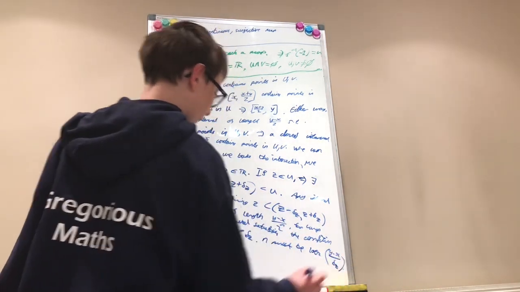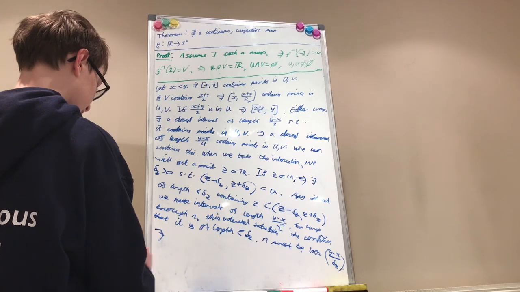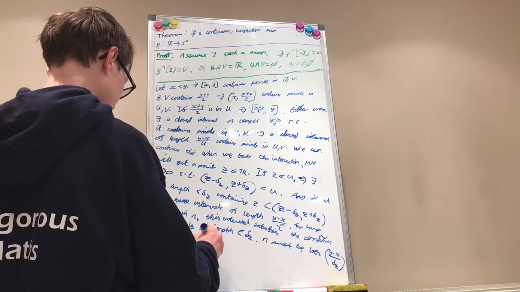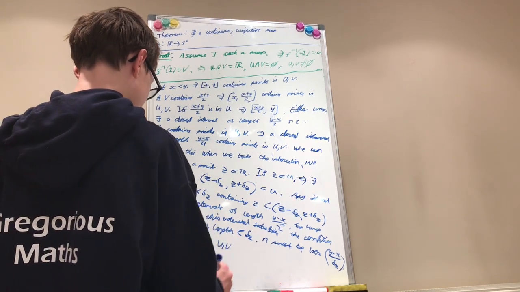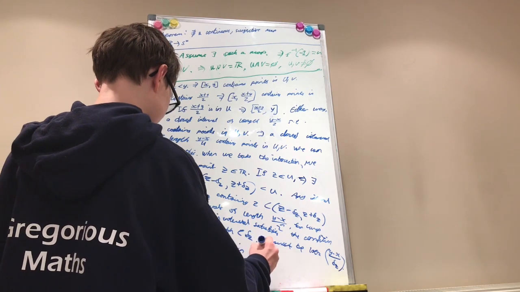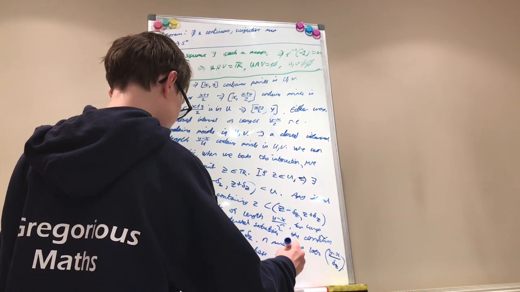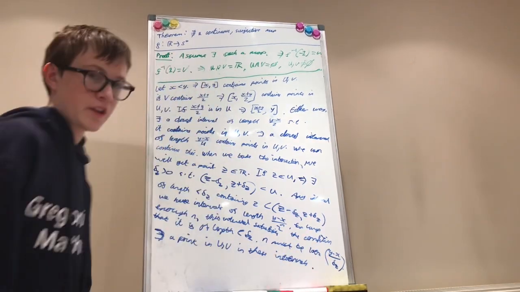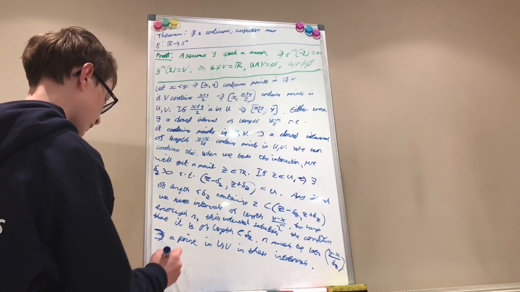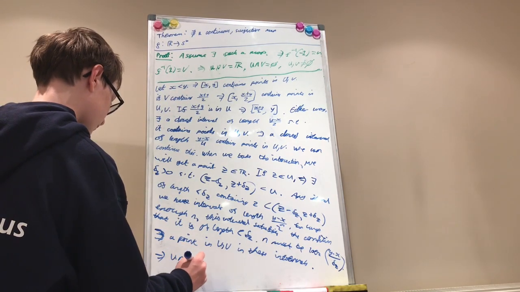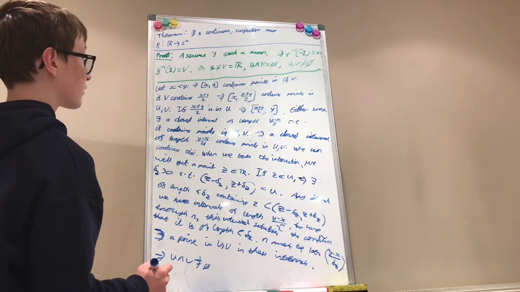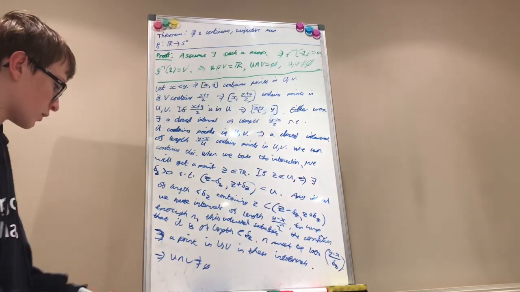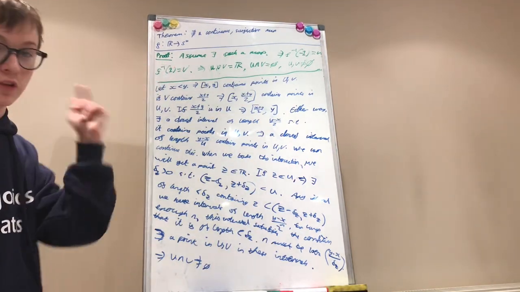But what do we know about these intervals? That there exists a point in U and V in these intervals, and this is the point at which we have fun, because this implies that U intersect V does not equal the empty set. Here we have a contradiction, and hence such a map cannot exist.